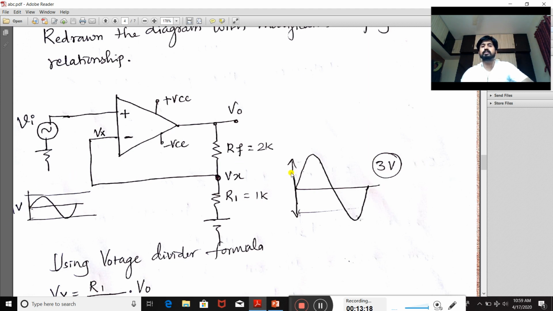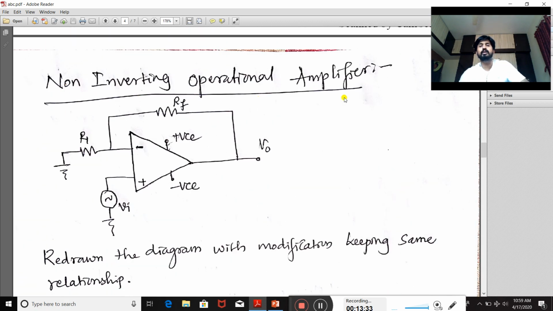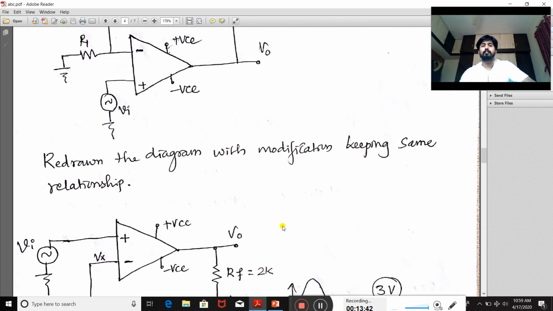So 3 volt is the amplitude or magnitude. It is an amplified version, 1 volt to 3 volt, but the signal is not inverted, and hence the name non-inverting operational amplifier. So this op amp is working as a non-inverting operational amplifier.